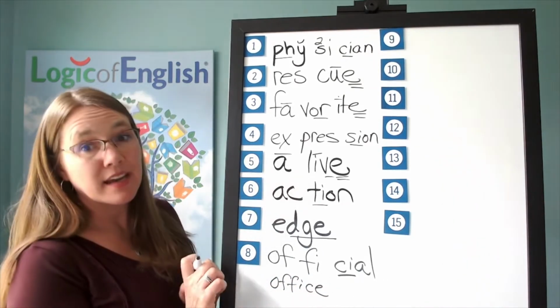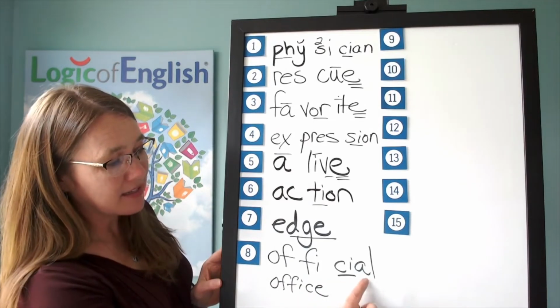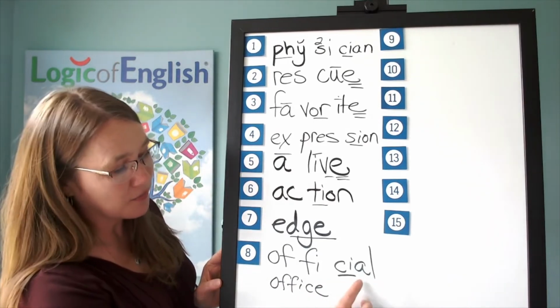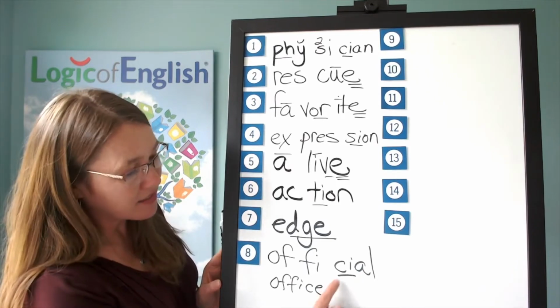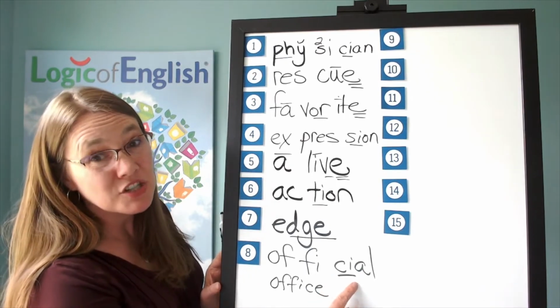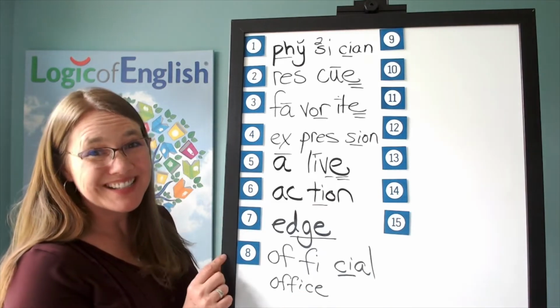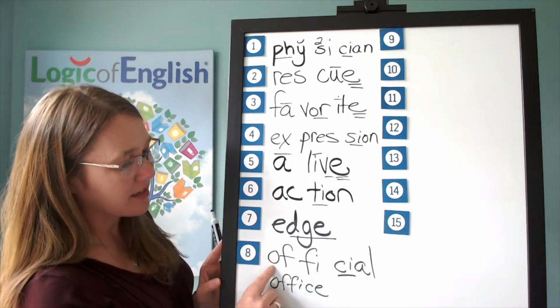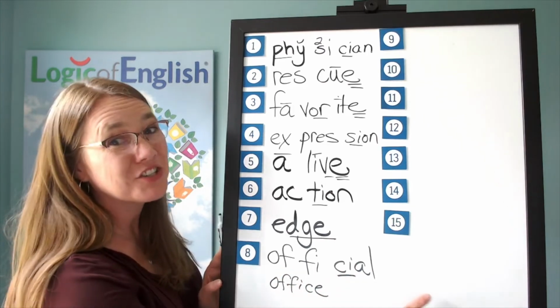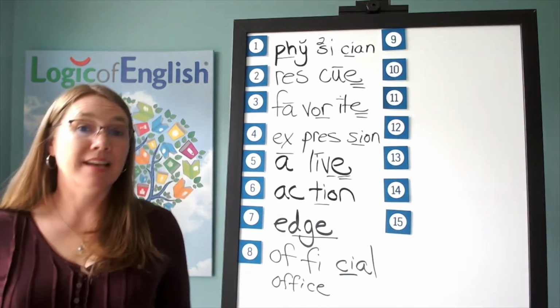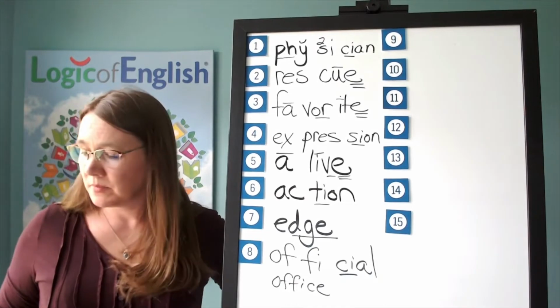Notice that. And so when we added this suffix al, or ial, we dropped the e, and this Latin spelling of sh was formed. Pretty fascinating, isn't it? Let's read it. Official. Official.